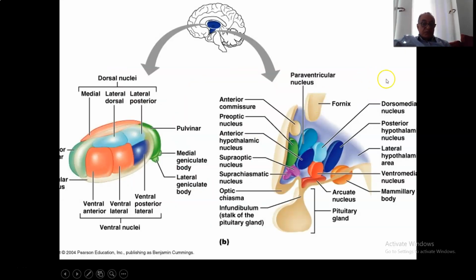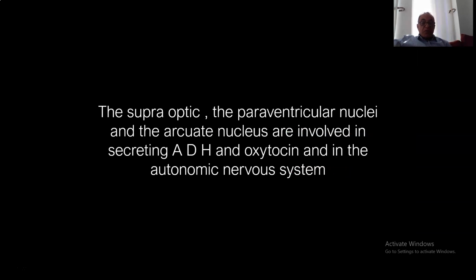These are the different nuclei, different names, sometimes difficult to remember, but you will remember them very easily after that when you know what are the functions and what they are present for. The supraoptic and paraventricular nuclei, these are two very famous nuclei.